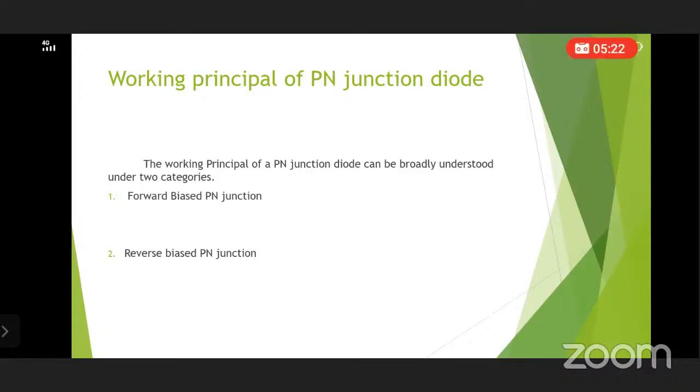The p-n junction diode is important in daily life. It's used to design circuits.